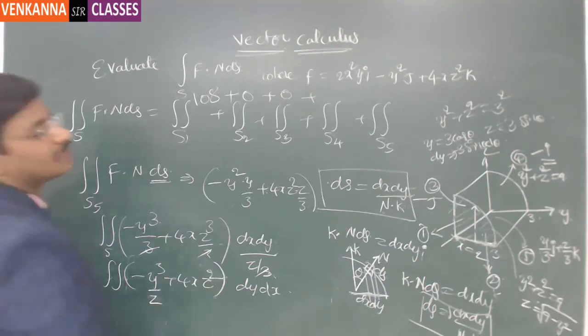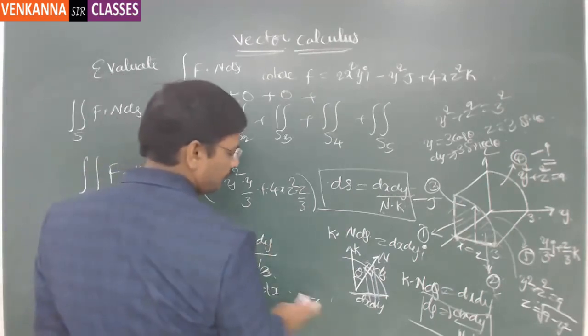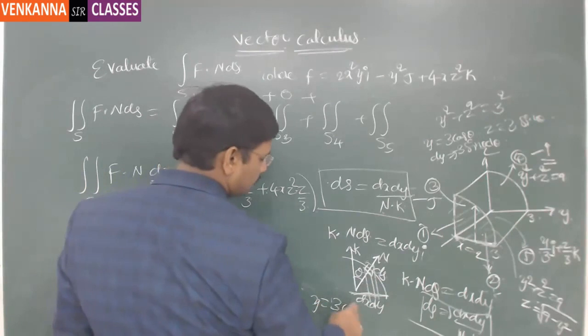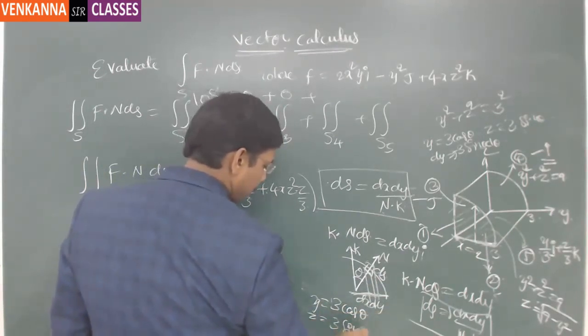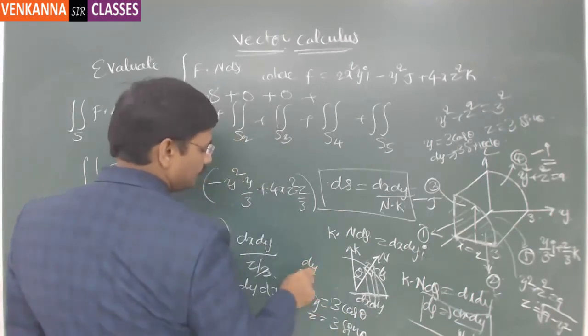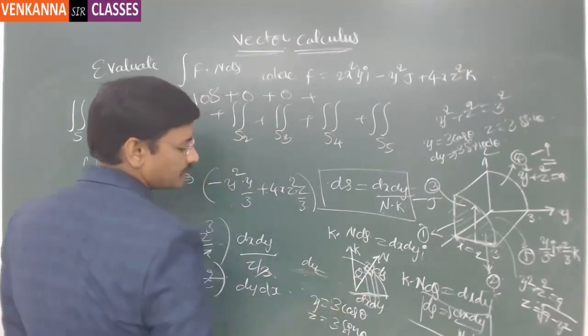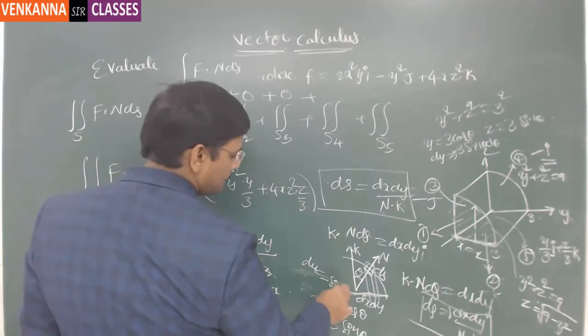Then you can replace the parametric form, so y is equal to 3 cos theta and z is equal to 3 sin theta, dy is equal to, the derivative of cos theta is minus sin theta d theta.